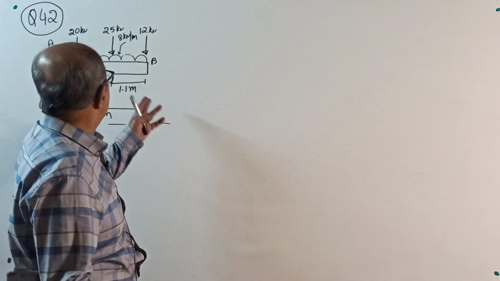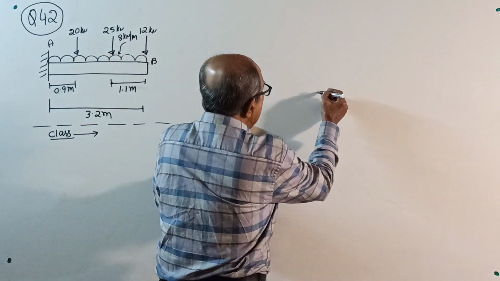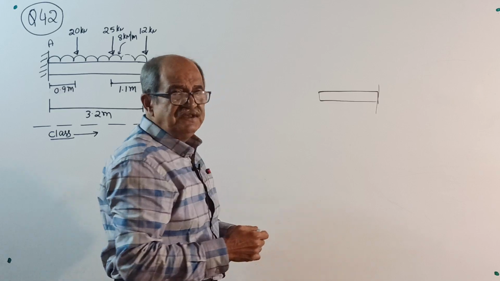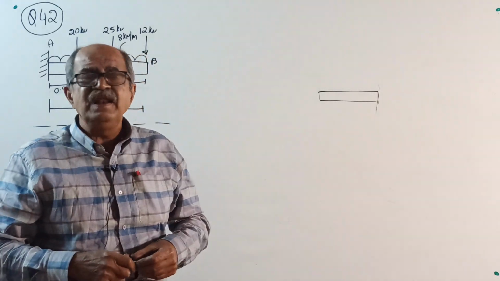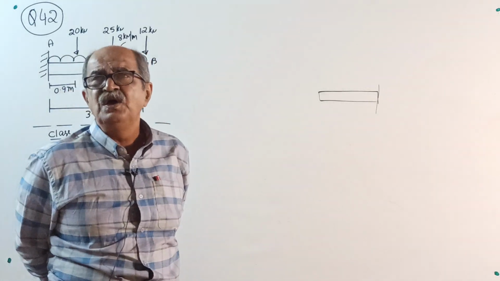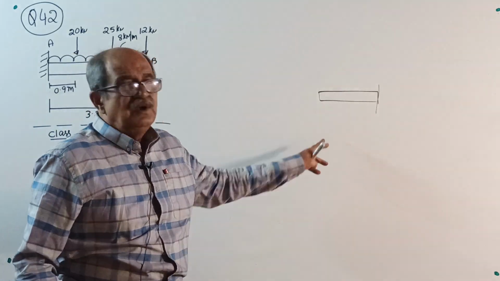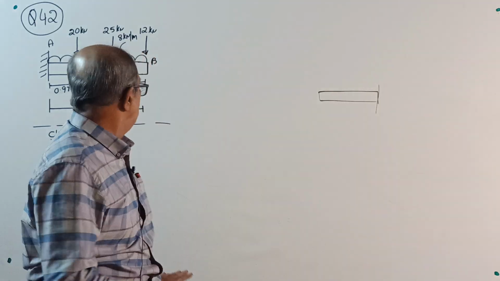Because somebody can take the cantilever like this, then the answer will change. This I told earlier. It is the responsibility of the person who sets the question to see that a unique question is there. Okay, now that's all.